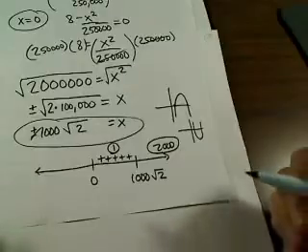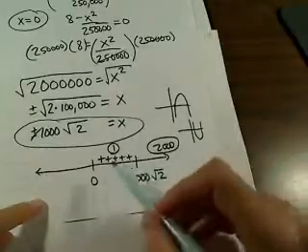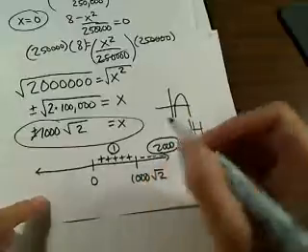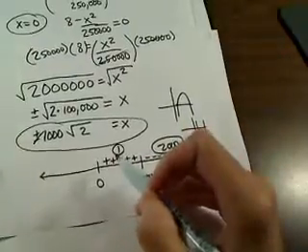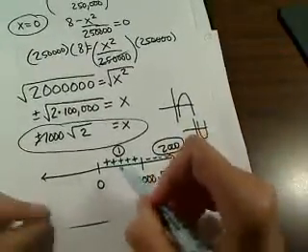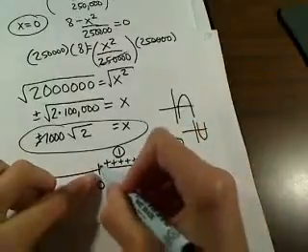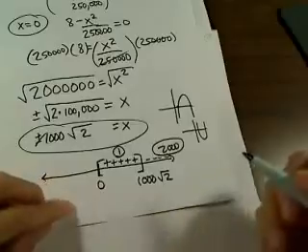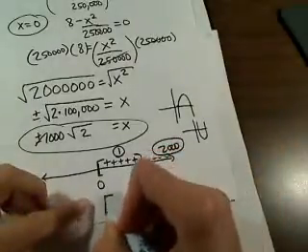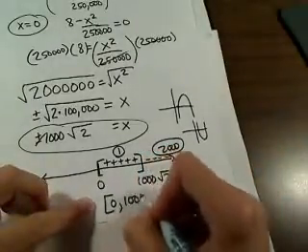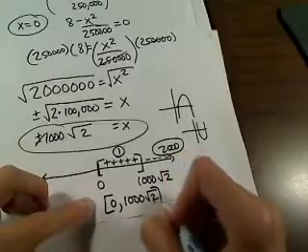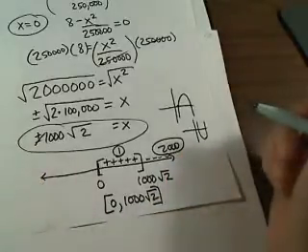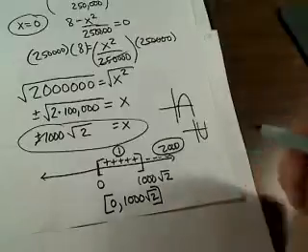So this will be negative here, and if we're looking for the domain of the non-negative function, the domain is going to be right here from 0 up to this value of 1,000 square root of 2, and we want to use interval notation here. We're going to include these points because notice the wording: they said non-negative.